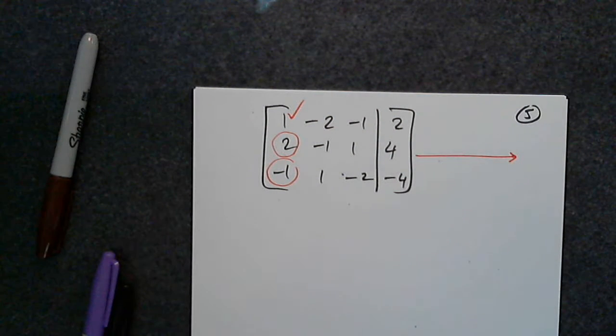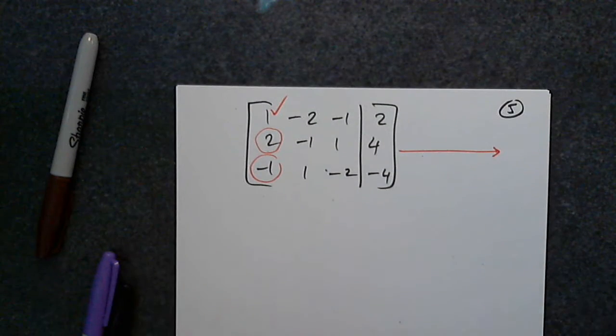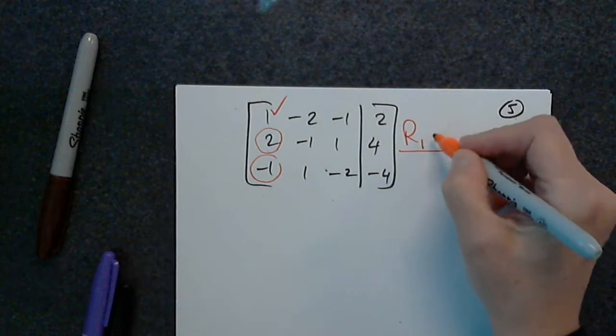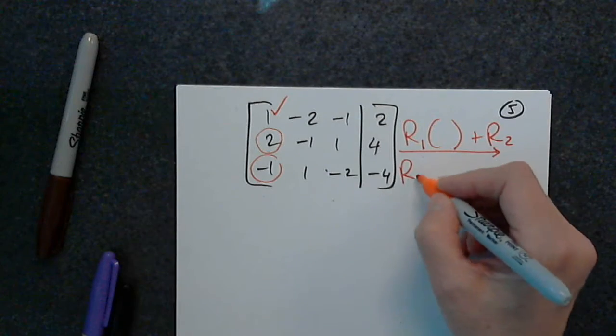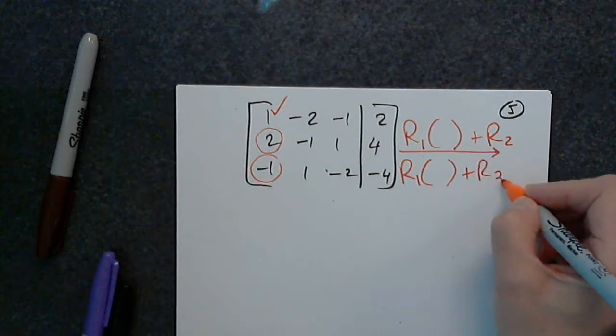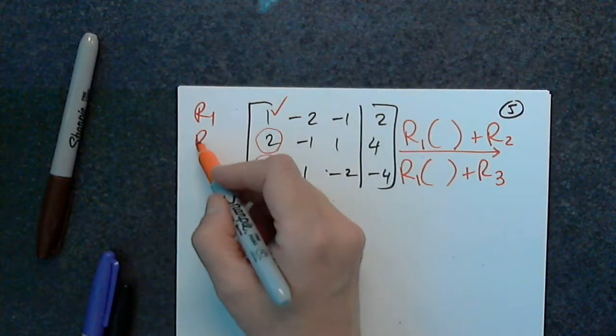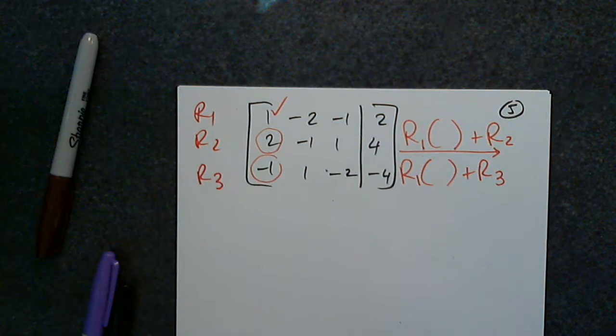We do not write the equal symbol between augmented matrices. We write an arrow. They're not equal. So now I will multiply row 1 by something and add it to row 2. I will multiply row 1 by something and add it to row 3. Of course, this is row 1, this is row 2, and this is row 3. On the arrow pointing to the next augmented matrix, I have to write what I'm doing.